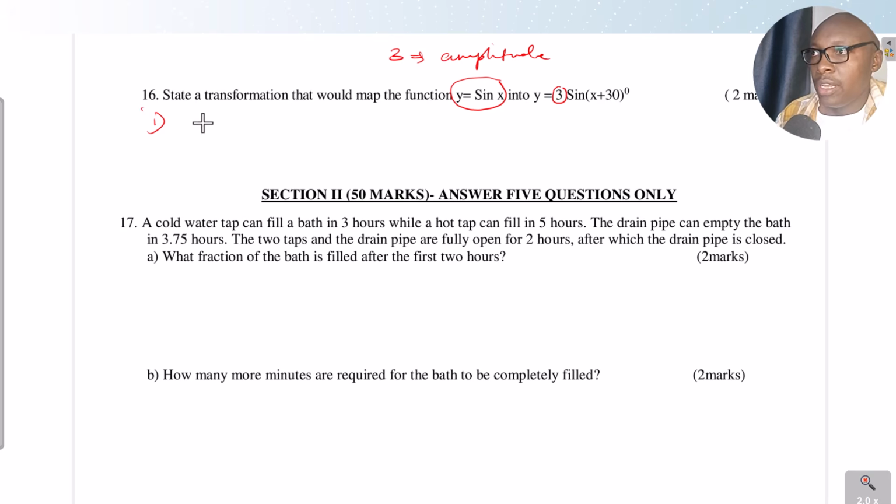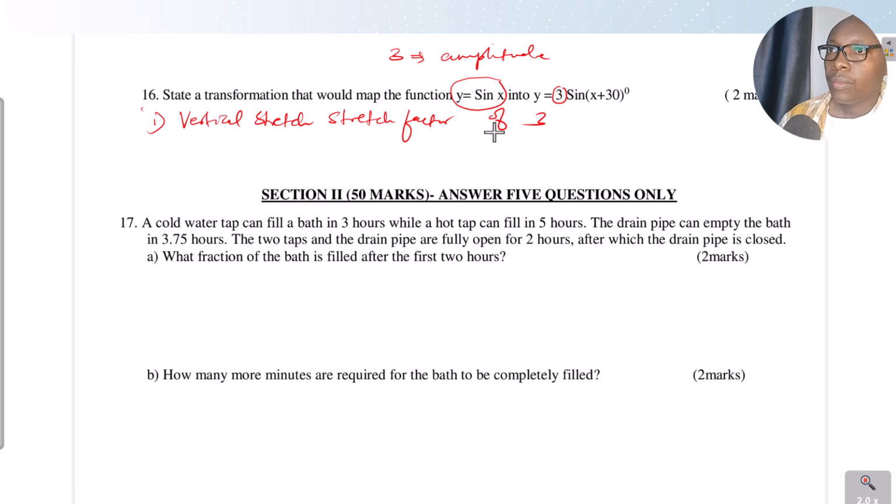The amplitude of 3 means this is a vertical stretch with a stretch factor of 3. So that is the first thing.